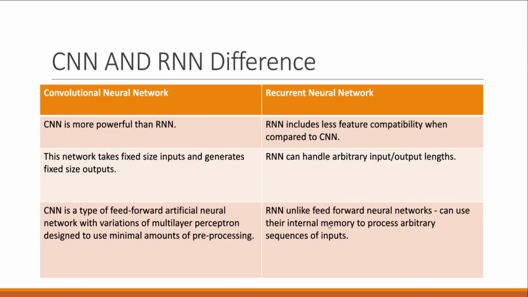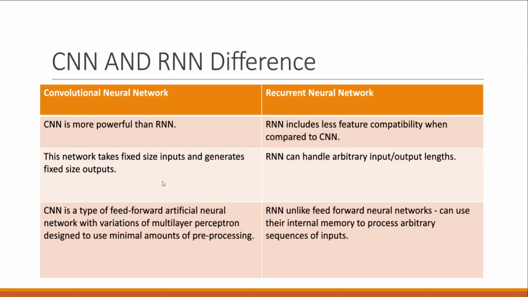Basically, CNN is used for computer vision applications, and it is a class of deep neural networks used to analyze visual imagery. RNNs are a class of neural networks that allow previous outputs to be used as inputs while having a hidden state. So CNN takes fixed size inputs and generates fixed size outputs, because the purpose of the convolution is to extract the features of the object in the image locally.